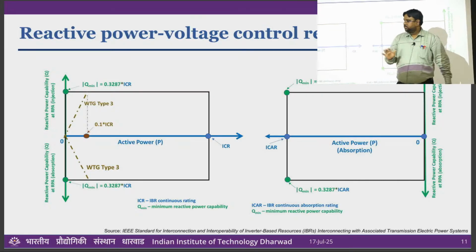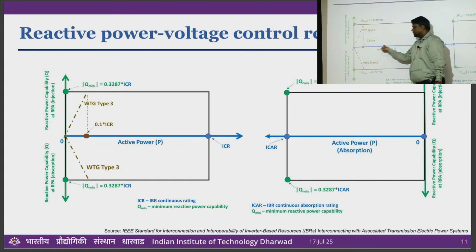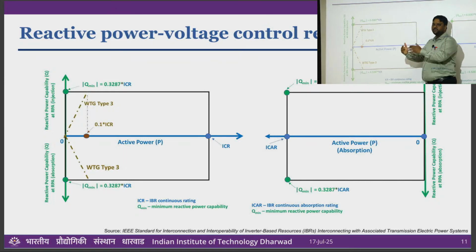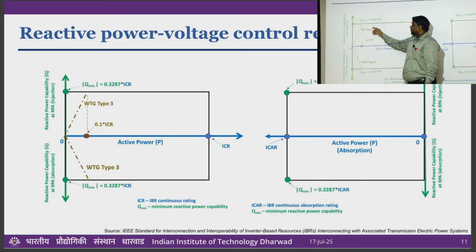Yes or no? So, though you change your active power in this zone, dispatching 10%, 20%, 30%, up to 100%, your reactive power should maintain this much minimum. You cannot operate below this, otherwise you are not compliant to the grid code.